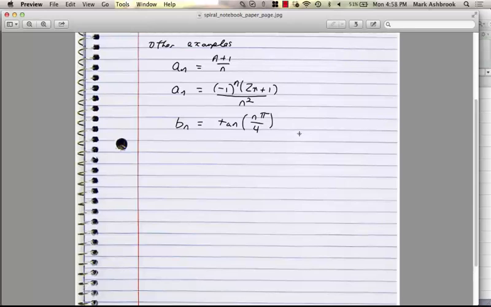Don't everyone pick the first one. Anyone pick number 2? Tell me the first one.